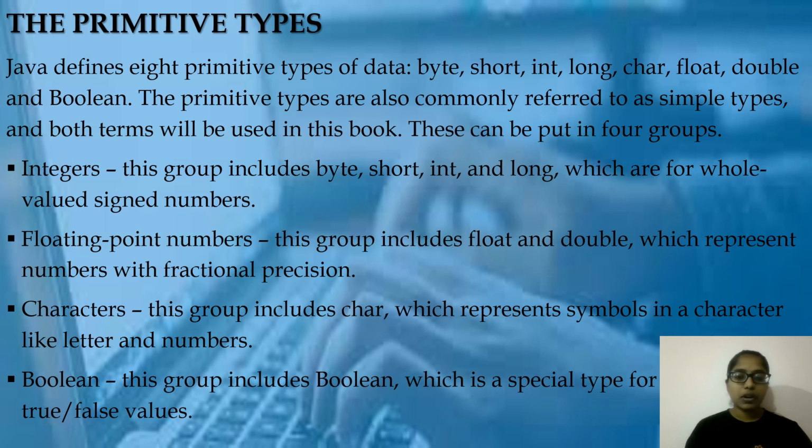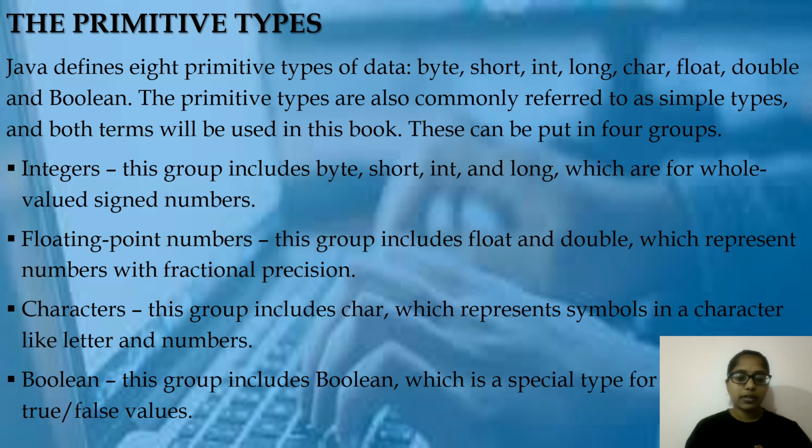The primitive types are also commonly referred to as simple types. Both terms will be used in programs. These can be put in four groups. Integers: this group includes byte, short, int, and long, which are whole-valued signed numbers.